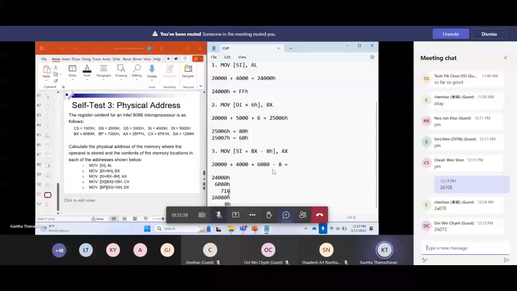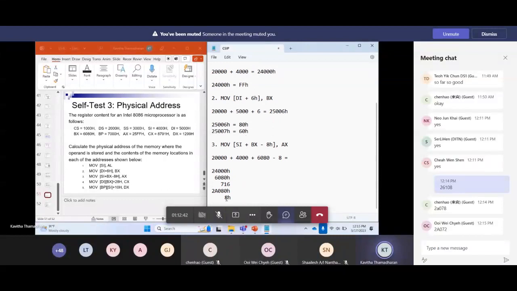So 16 minus 8, your answer will be 8. Now this will be 7, and then 0, then we have A and 2. It should look like this. Do you understand what I mean over here?